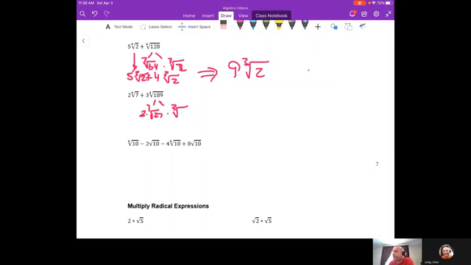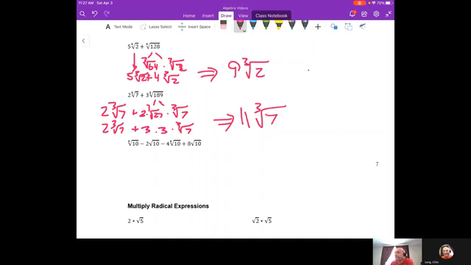Excuse me, I wrote a 2, change that to a 7. Plus we've got 2 times the cube root of 7. Now we should see that this is 2 times the cube root of 7 plus 3 times the cube root of 7. 3 times 3 is 9. That's going to end up equaling 11 times the cube root of 7.